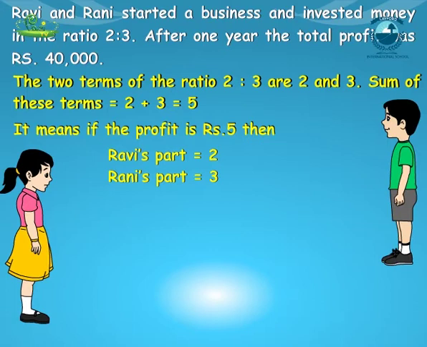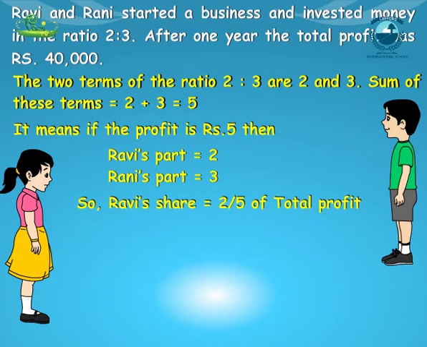Or we can say that Ravi gets 2 parts and Rani gets 3 parts out of 5 parts. That is, Ravi should get 2/5 of the total profit and Rani should get 3/5 of the total profit.